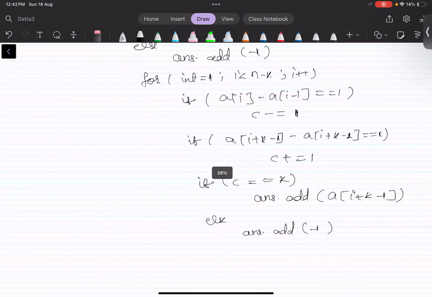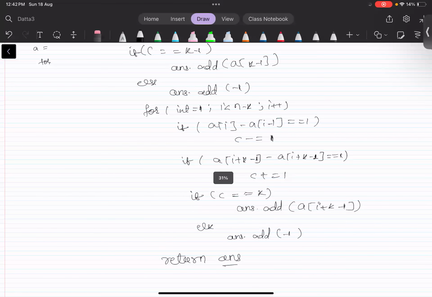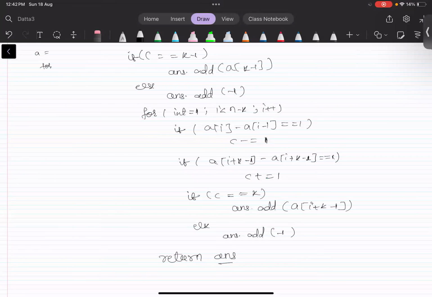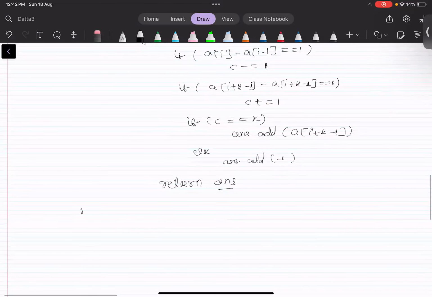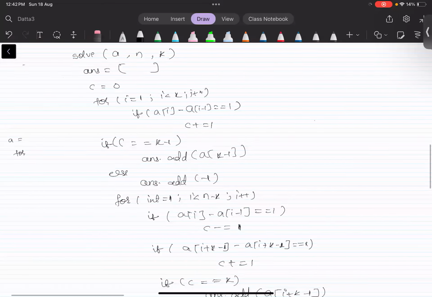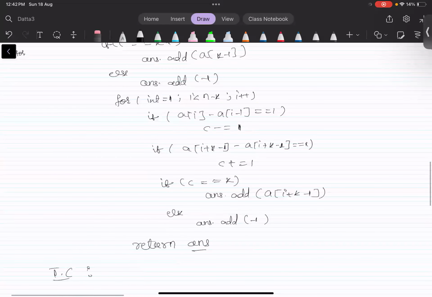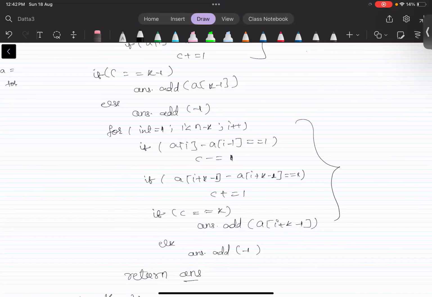So at last I'm going to return the answer array, which contains the power of the entire array. Now, if I talk about time complexity, this for loop will run k number of times, plus this for loop will run n minus k number of times.